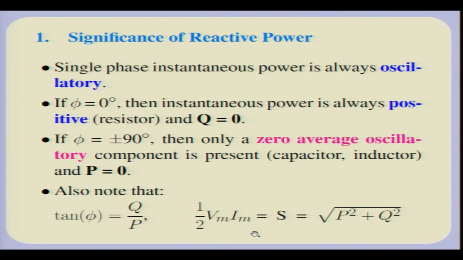So, in some sense, when you design an equipment, what is often very important is this S, because when you are designing especially a high power equipment, the voltage will determine how you have designed your insulation, and the current will determine how thick conductors you use. So, the product of these two in some sense gives you an idea of the size of the equipment and the kind of currents and voltages it will be handling. So, S, which is the apparent power, turns out to be root of P square plus Q square, because we have defined Q in a certain manner.